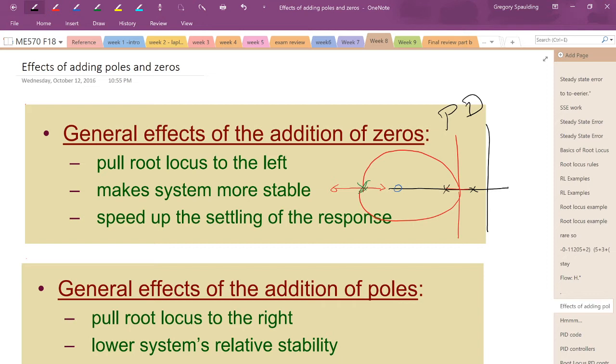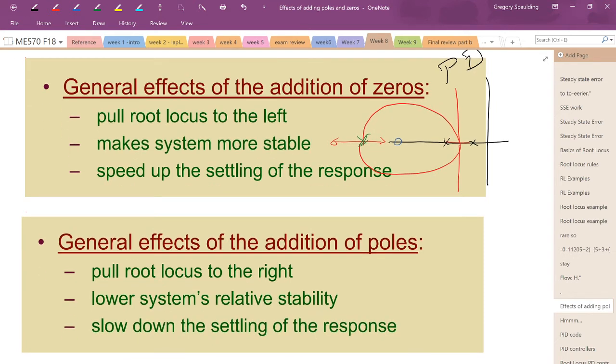Okay, so now let's look at the addition of poles. We just spent some time thinking about steady state error, and what we're going to have with a pole is we're going to improve the steady state error, reduce the steady state error. In general, it's going to pull the system to the right.